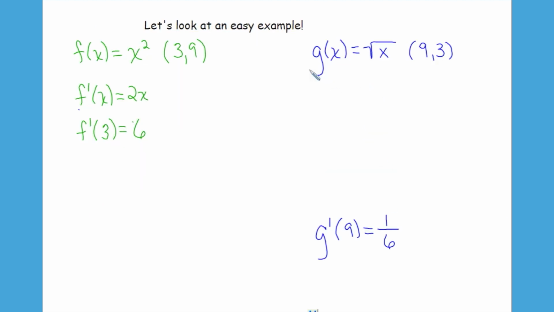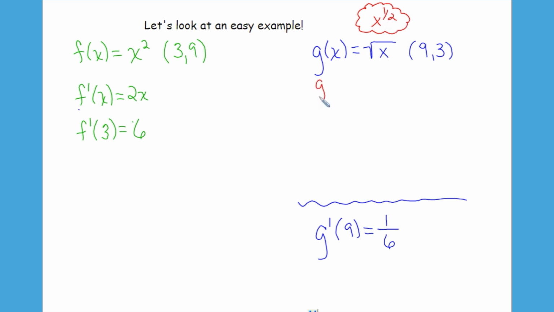So I actually can find the derivative of this guy because I know how to do that. This is what I think the answer is. I'm actually now going to prove it and see if that's right or not. So let's see. Oh, hold on. First of all, if I'm going to take the derivative of the square root of x, I need to rethink about it as x to the 1/2, because I know how to do the power rule.